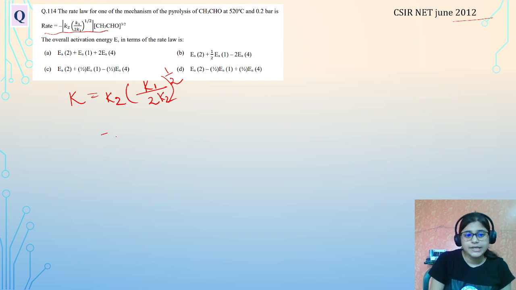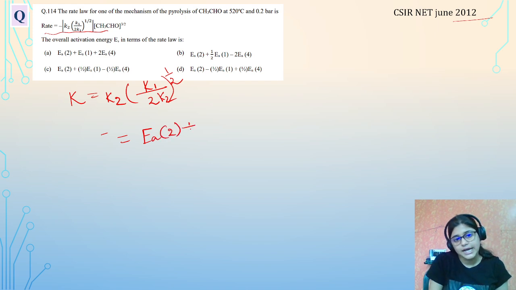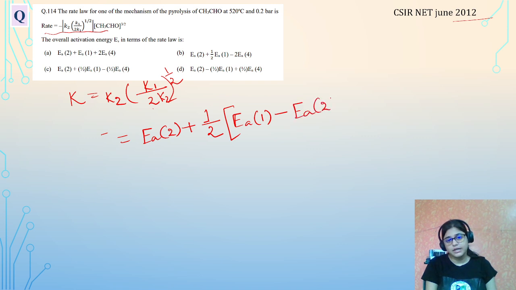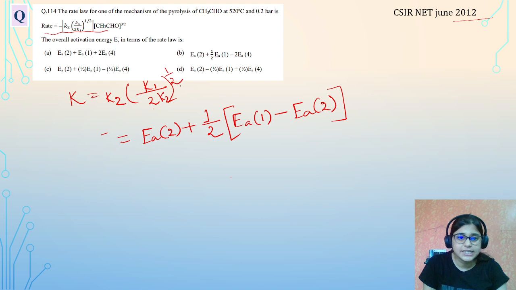So it is EA2 plus, it is to the power form, so it will be multiplied, and let's say it is K1, so EA1, and minus 2 will not be considered here because this coefficient has no value here. Okay, so forget about that, and EA2 will be there. Okay, let's see if any option has this.